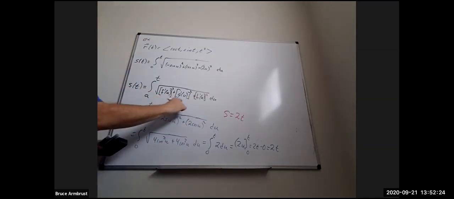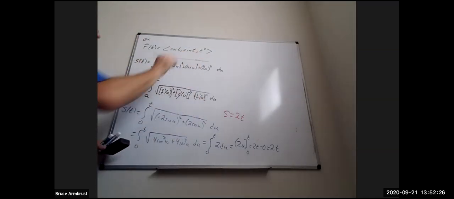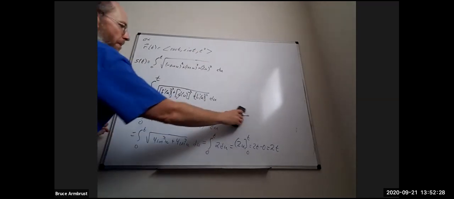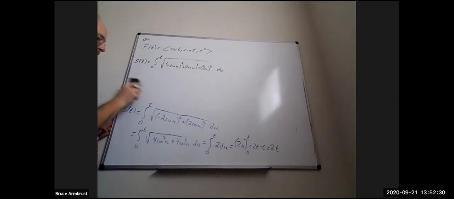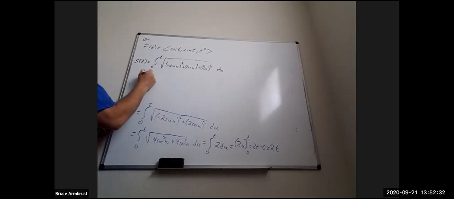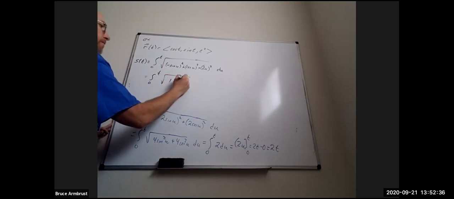I'm just using this exact form, just with my different pieces. So we're going to get the integral from 0 to t of the square root of 1 plus 4u squared.